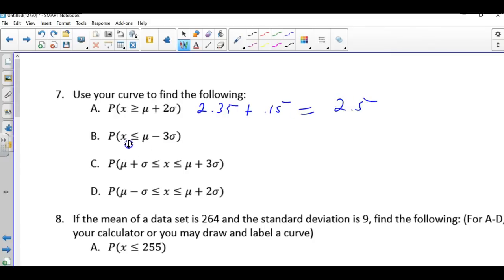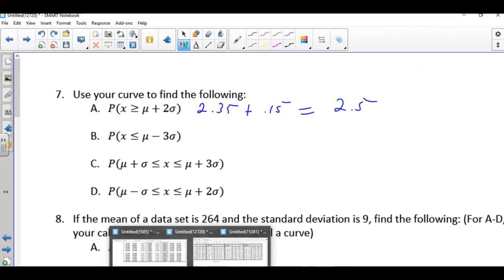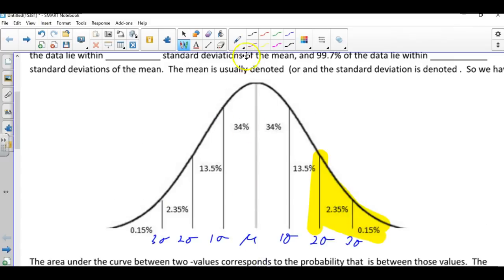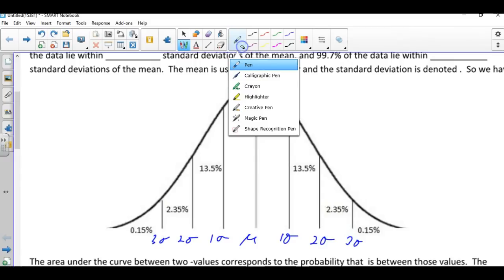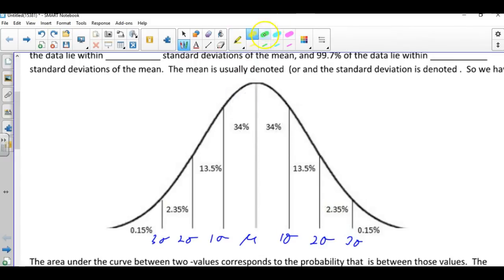For this next one, you want a probability that is less than or equal to minus 3 standard deviations. So I'm going to go back over here, and I'm going to go minus 3 standard deviations. So here's mu, 1, 2, 3. Here's the 3 standard deviation line. And we want less than.